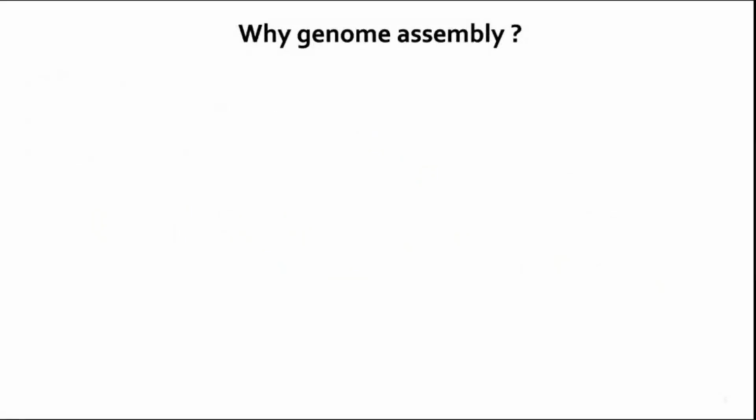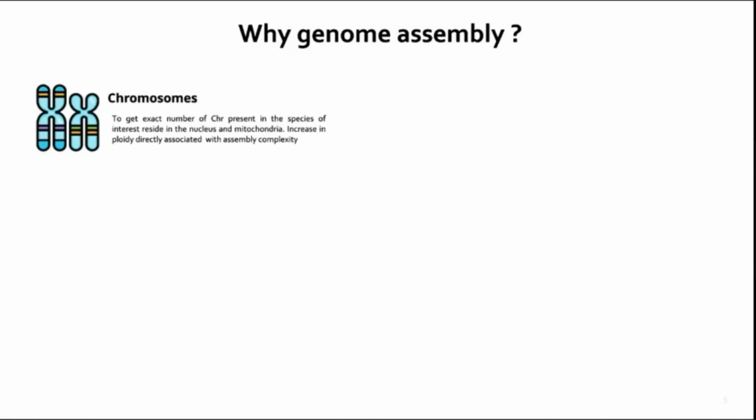And then again the question will come: why do we require genome assembly, the reason behind it. First, it's well known, we have to get the chromosomes, how many chromosomes there are in that particular species. Any species can be there, like human, animal, across the different vertebrates.